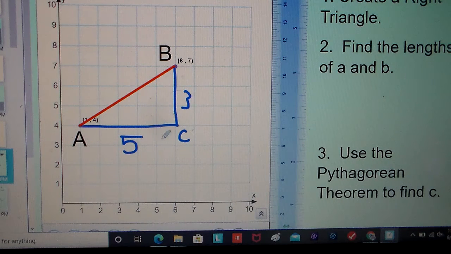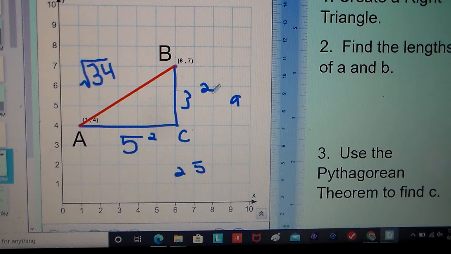Say 3 and 5. 3 squared plus 5 squared gets you 9 and 25. 25 plus 9 gets you 34. So this length is the square root of 34, because that's a squared plus b squared equals c squared.